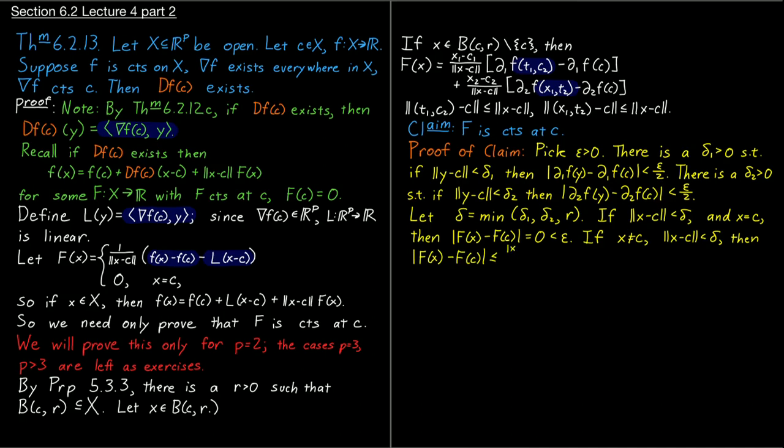That is less than or equal to the absolute value of x1 minus c1 over the norm of x minus c, which you all should be able to see is less than or equal to 1, times the absolute value of partial 1 f of t1, c2. And then we have our second piece.